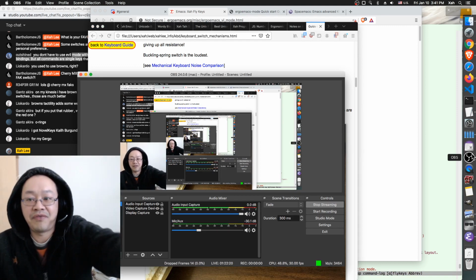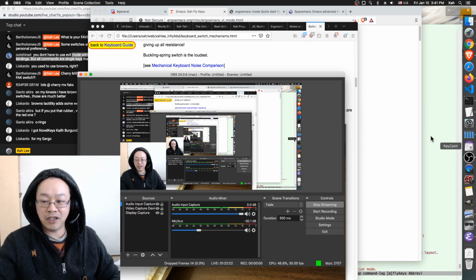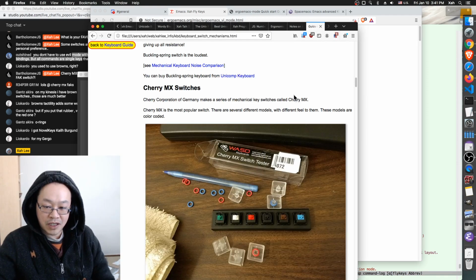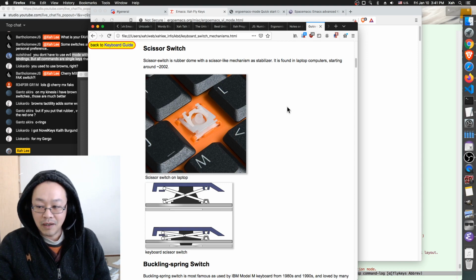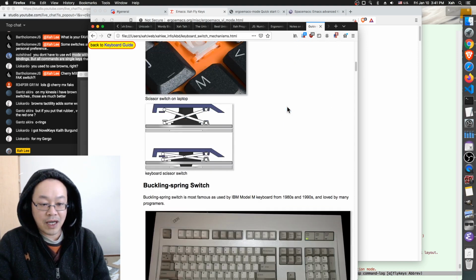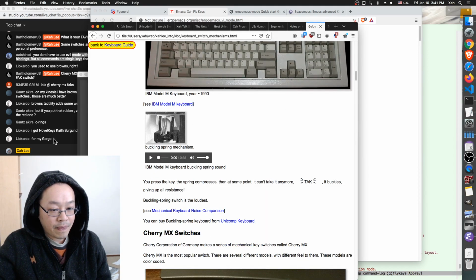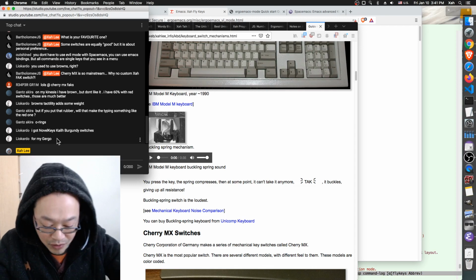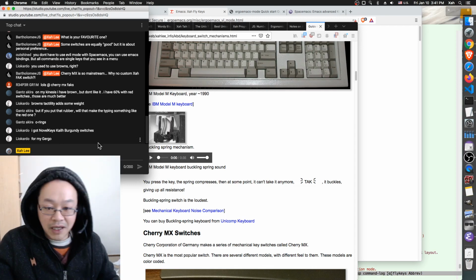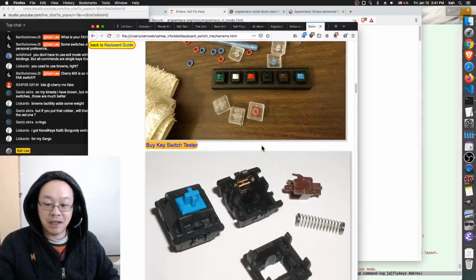But if you really type a lot, like if you log your keystrokes, then maybe you'll like red better. Yeah, O-rings can make it quieter. And so actually, that's about it today.